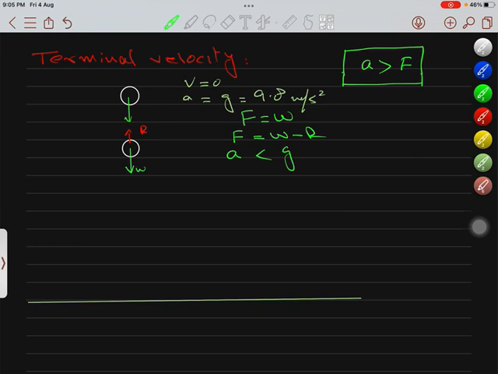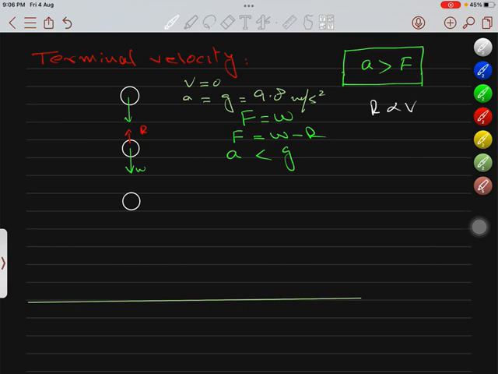Now let's move to the next position here. At this position number 3, point to be noted, I already have discussed that air resistance increases with the speed. More the speed, more will be the air resistance. Let me write this fact here as well, that air resistance R is directly proportional to speed.